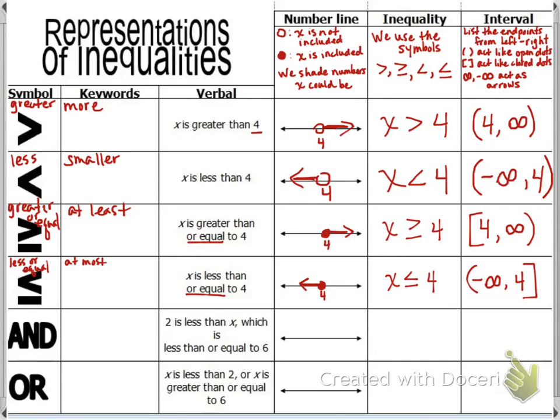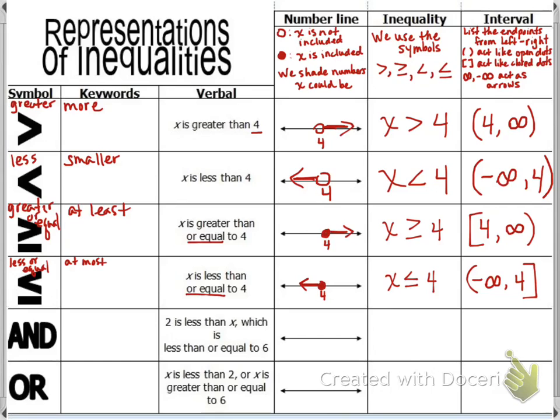Make sure you're able to read a number line. So for example, the first example we did together, you need to be able to see a picture like that and know x is greater than 4 and understand why the third one down, x is greater than or equal to 4, is different. Also, if I ask you, looking at the first one, is 6 a solution?